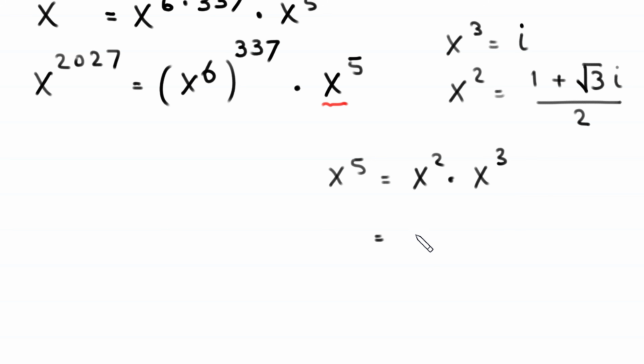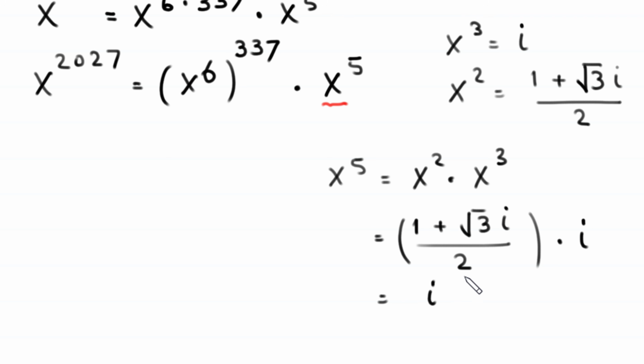So this will become 1 plus root 3 i divided by 2 times i. So 1 times i is i, and root 3 times i will become plus root 3 i squared divided by 2.